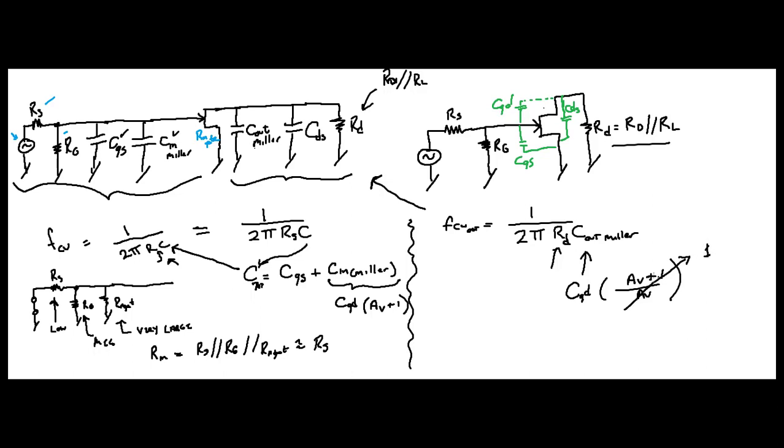So it's simply equal to CGD, the gate drain capacitance. That's how you calculate it. And your RD we already talked about. So that is how you calculate your input and output upper critical frequencies for this kind of amplifier.